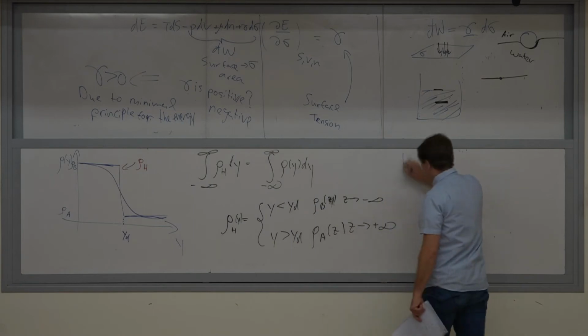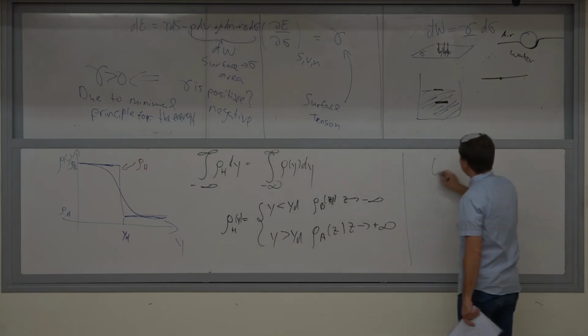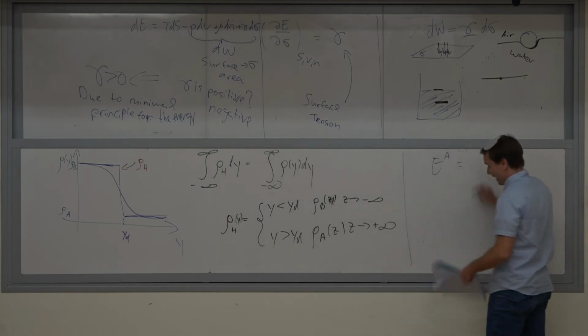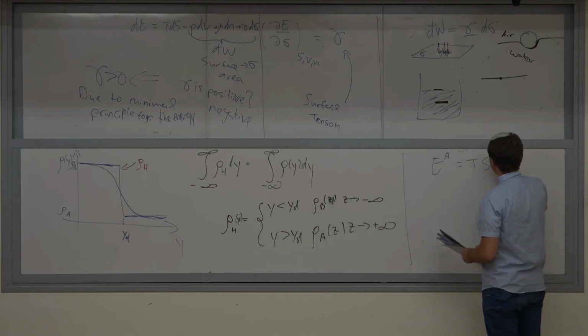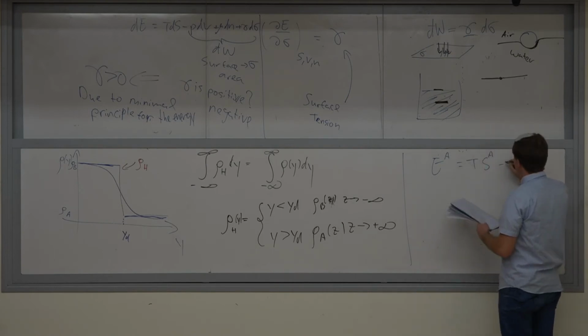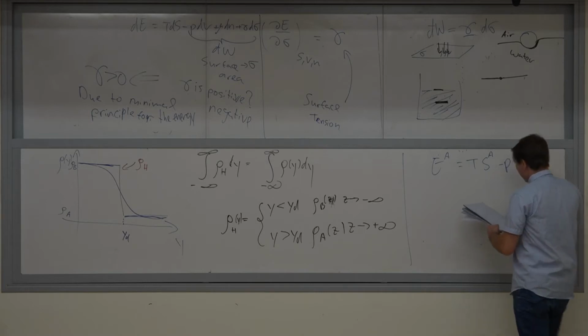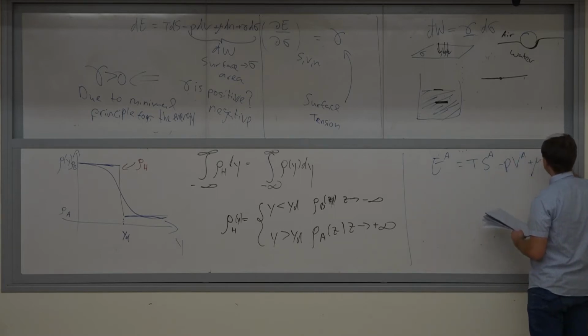So what do we know? We know that the energy of system A is basically TS_A minus PV_A plus mu N_A.